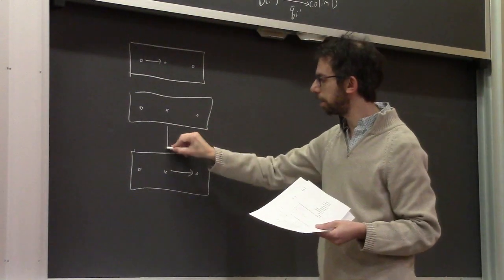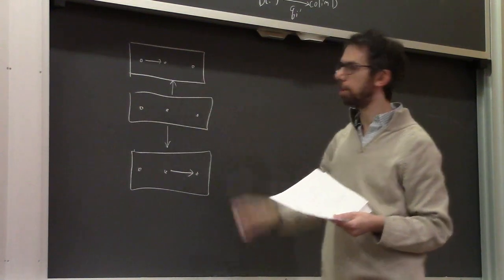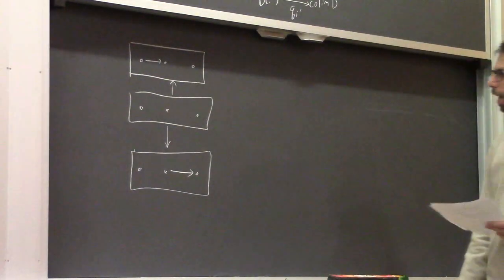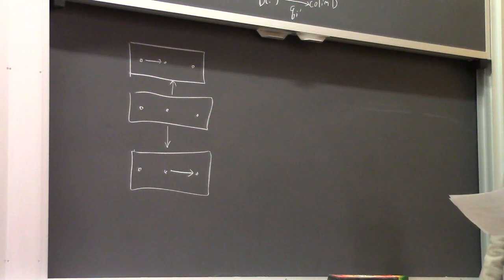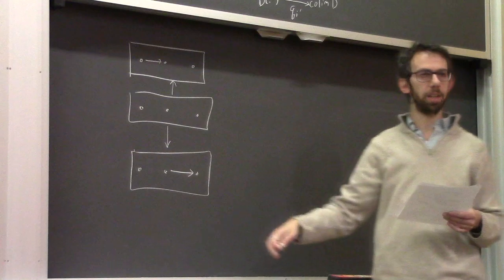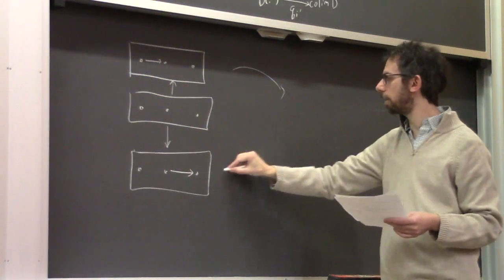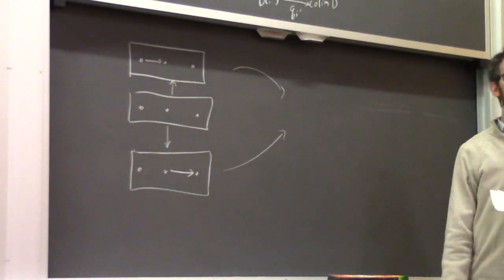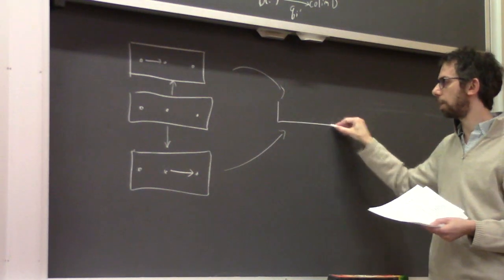And there's a functor from this category to this one and this category to this one. So when I take the colimit, it's got to be a new category, and it's got to be able to interpret all the dots and all the arrows in here. So the colimit, does anyone have a guess? How many objects does the colimit category have?